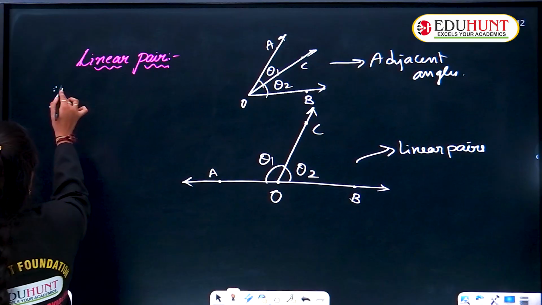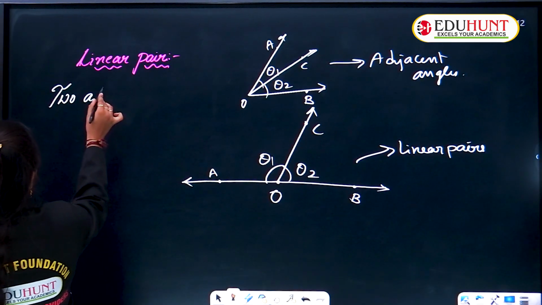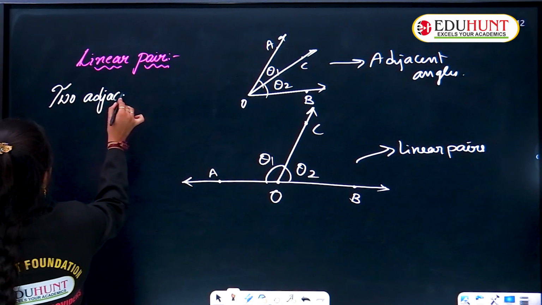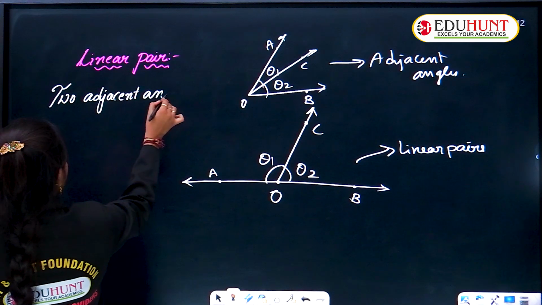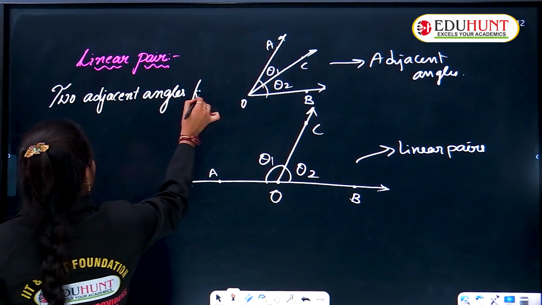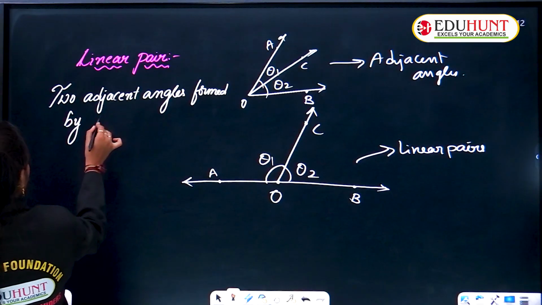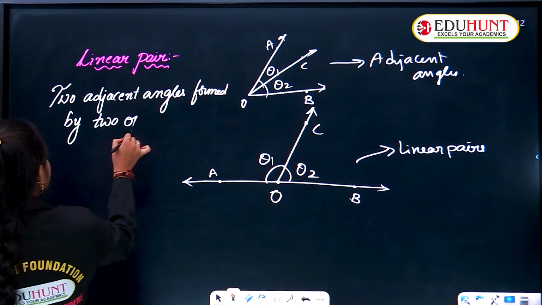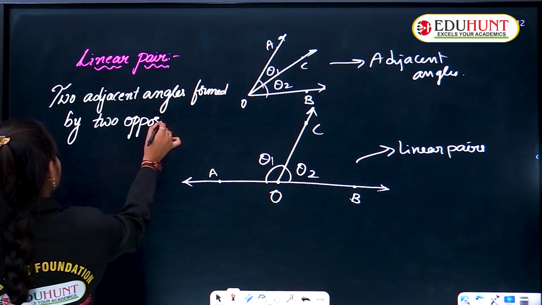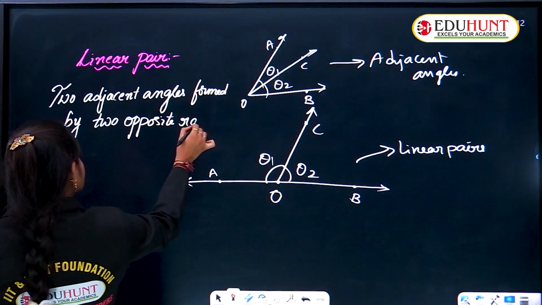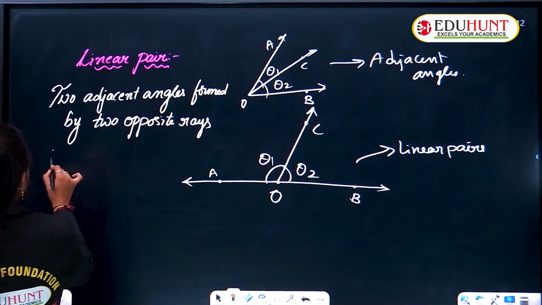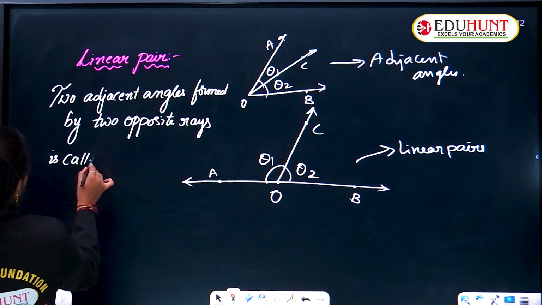What is the definition? Two adjacent angles formed by two opposite rays is called a linear pair.